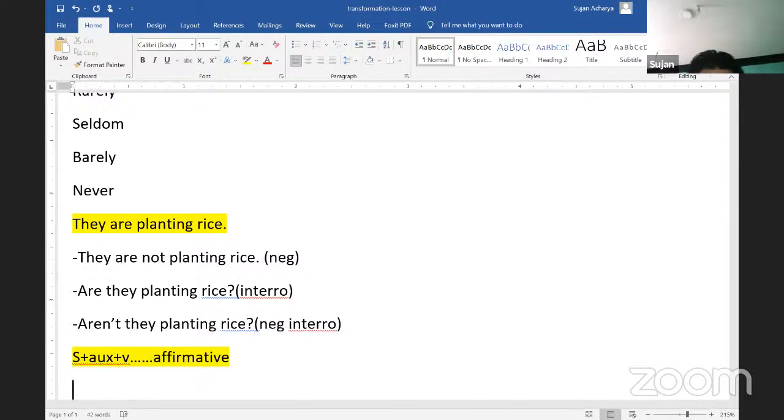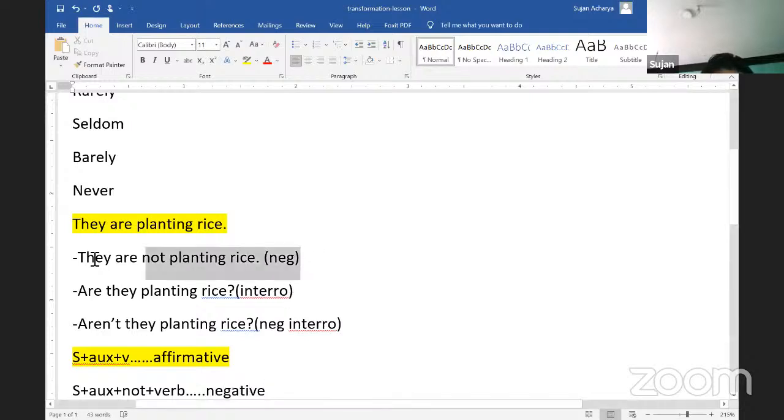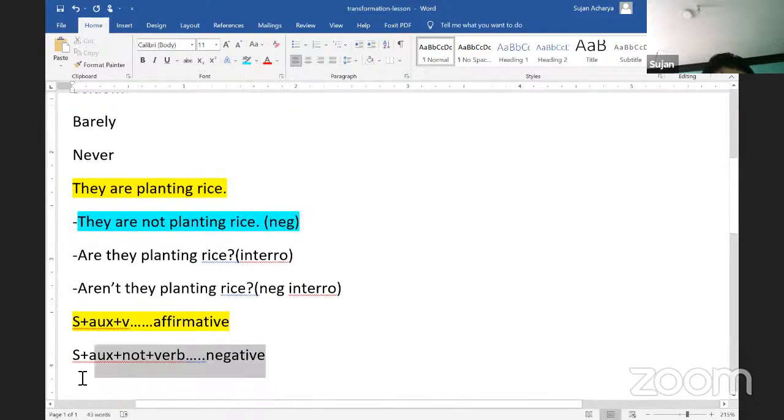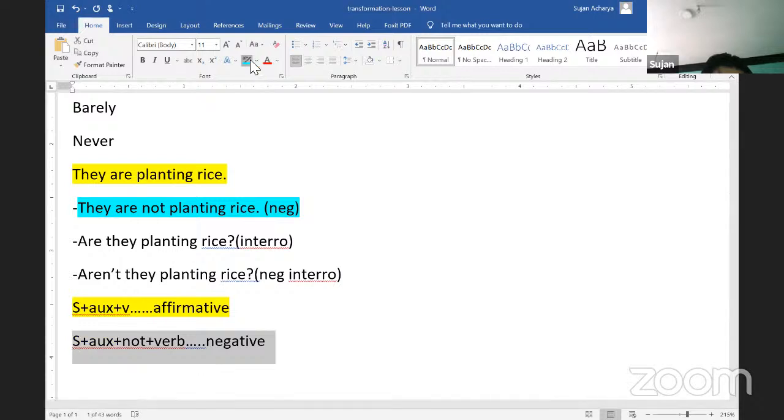Now next one: subject plus auxiliary verb plus not plus verb is negative. If you go through formulas like this, this is how we change the sentence from affirmative to negative.